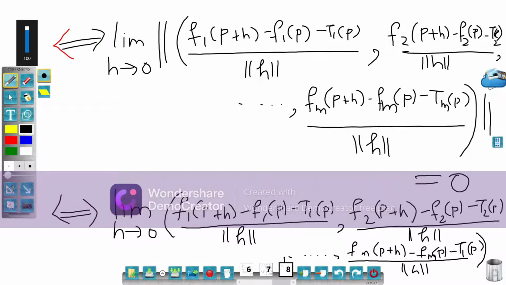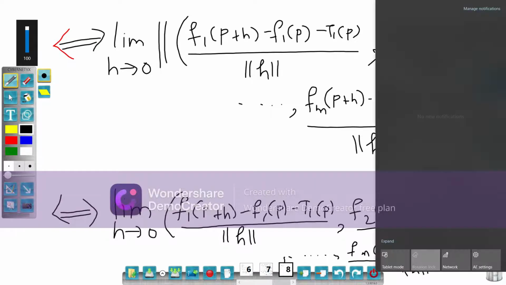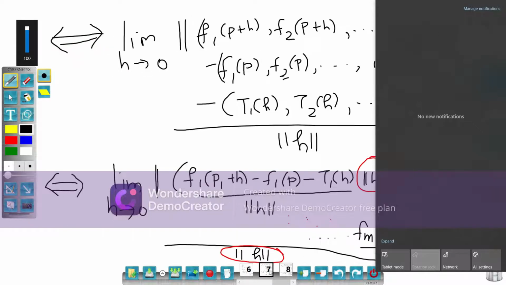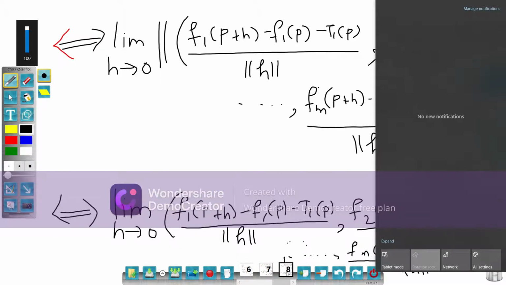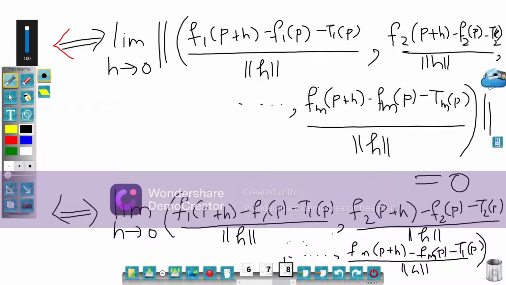This vector complete is equal to the 0 vector. Now it is not a single 0, it will be the 0 vector because this is a tuple.